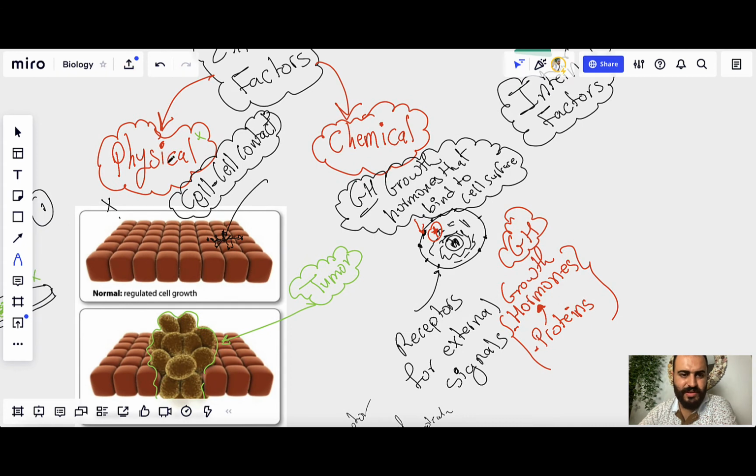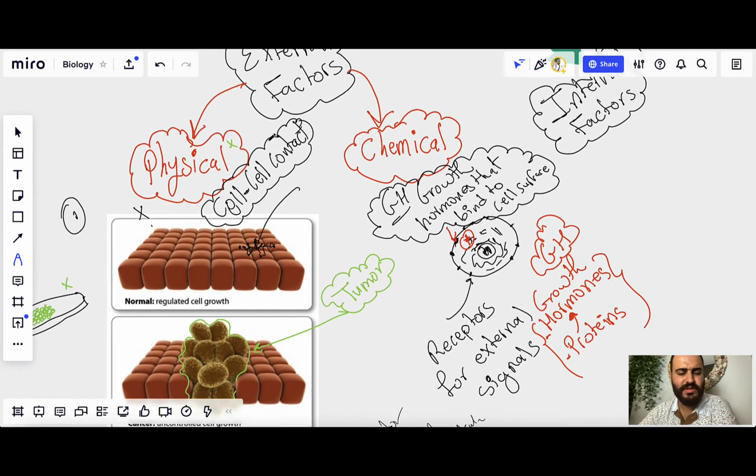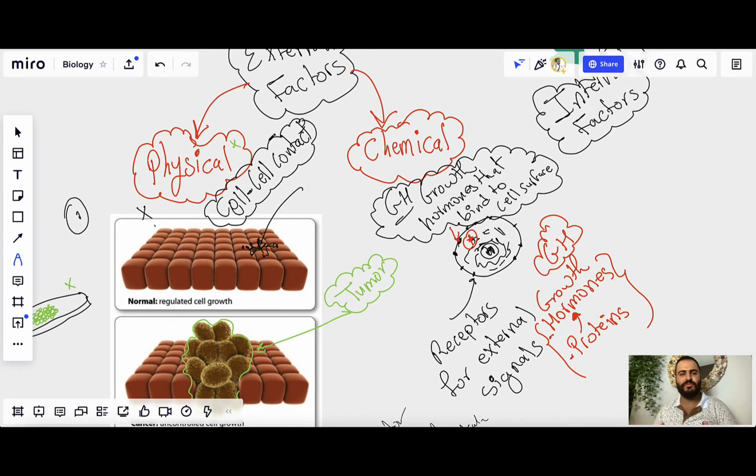An example of physical control is cell-to-cell contact. One example might be when you have an injury in the skin and you lose some cells of the skin. The epithelial cells in the skin will initiate cell division, but this division will stop after the cells cover the injury, cover the cells that were lost.